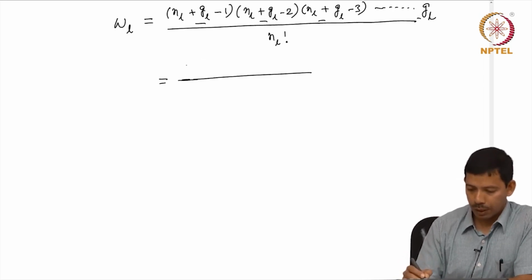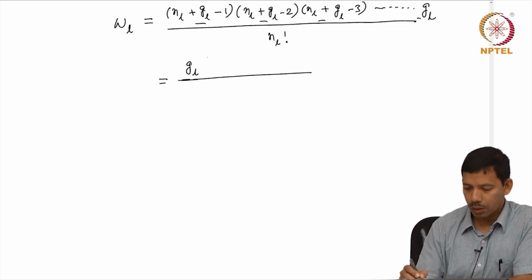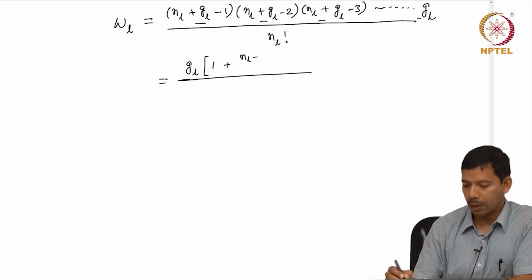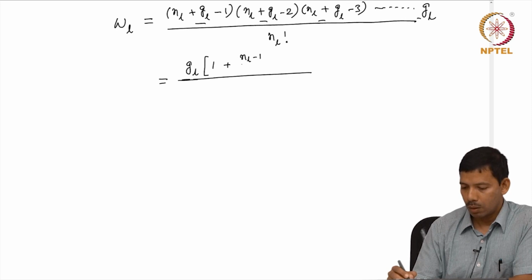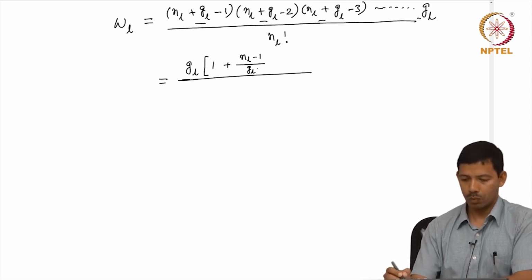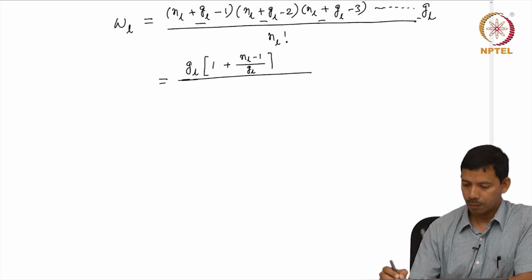If I take GL out from each of them, I can write 1 plus (NL minus 1) by GL. So that gives you GL and plus NL minus 1.